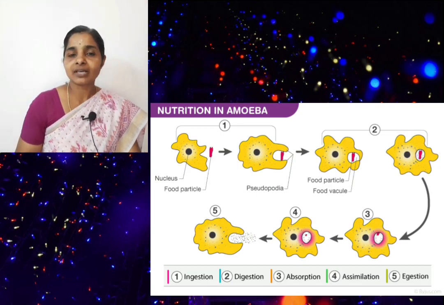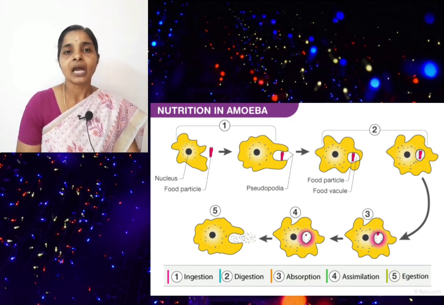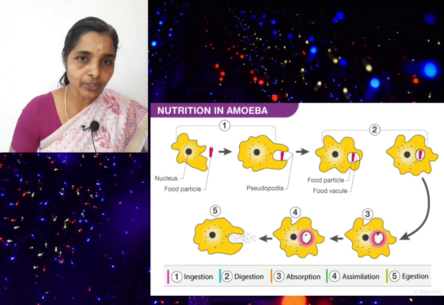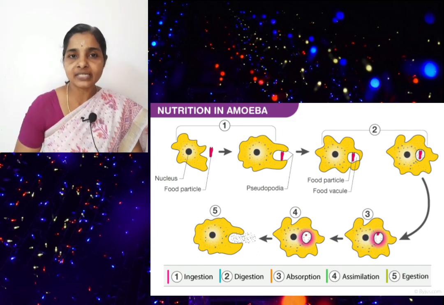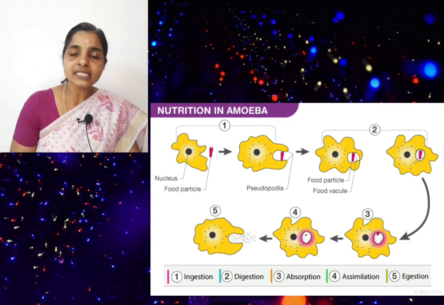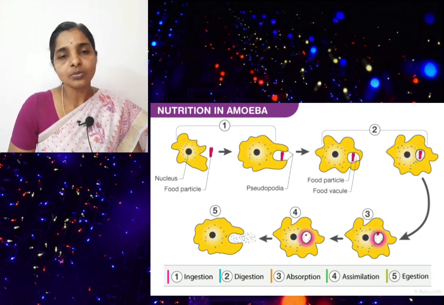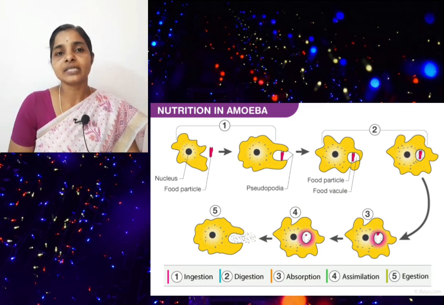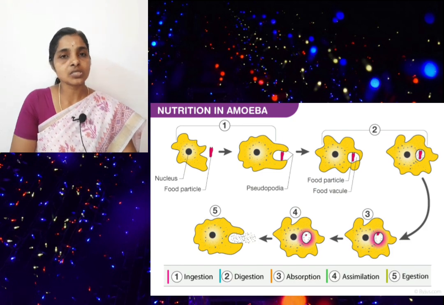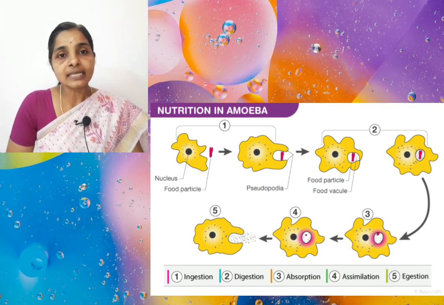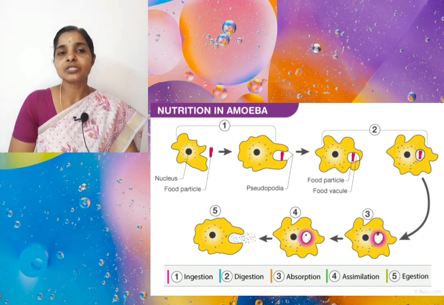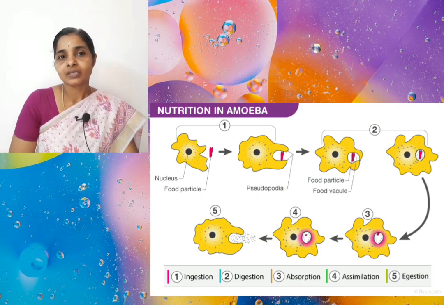By using this flexibility of the plasma membrane, amoeba projects its pseudopodia and engulfs the food material. This process is called endocytosis. So amoeba captures food with the help of endocytosis, because of the flexibility of the plasma membrane. Understand?